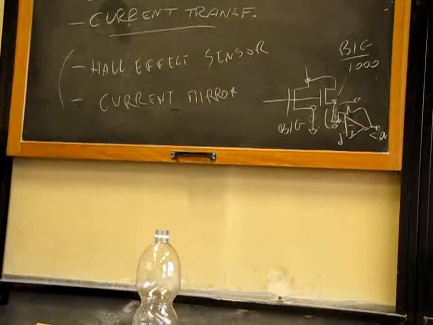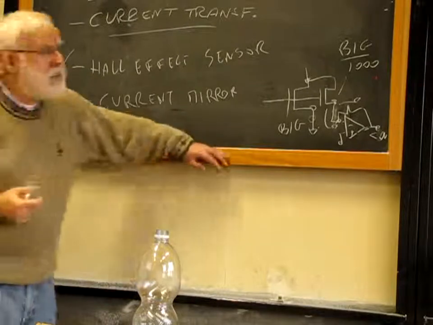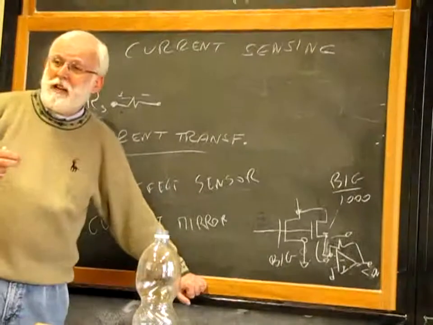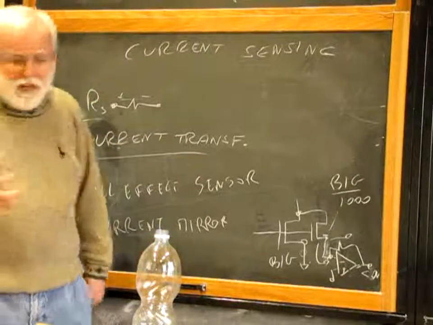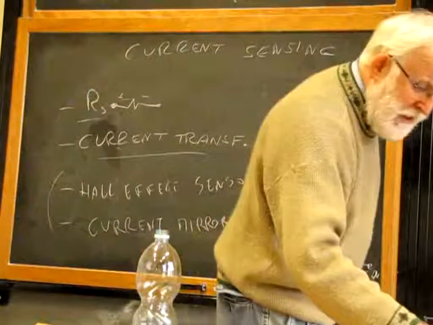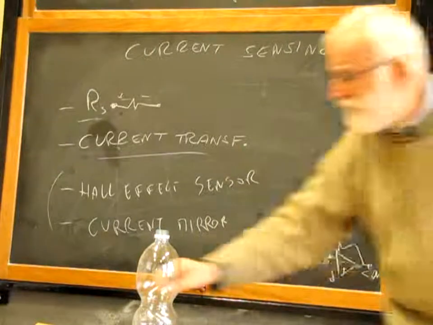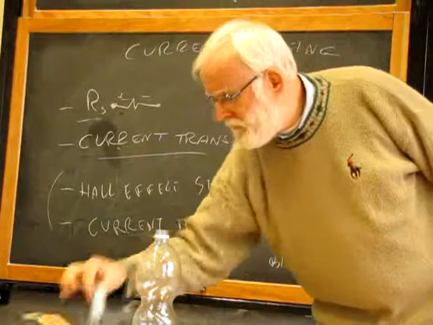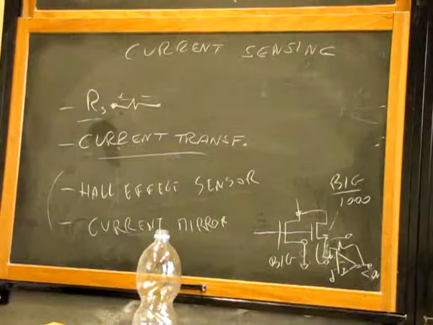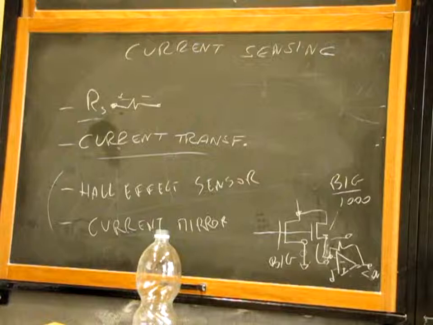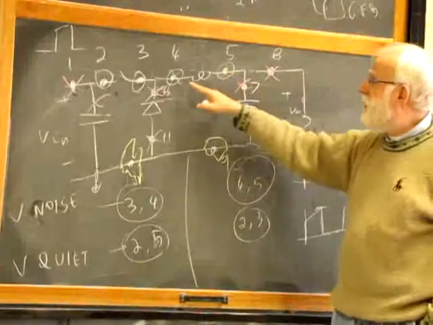At this point, knowing what we can use to sense our current, we can go back to our circuit and decide where we can use a current transformer, and where we can use a sense resistor. For example, can we use a current transformer here and here?